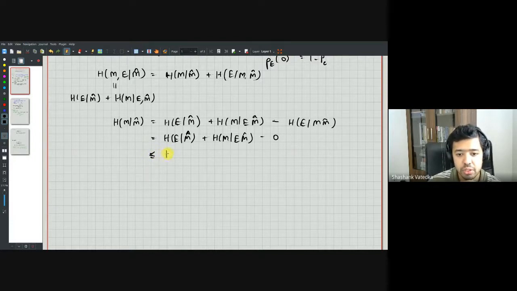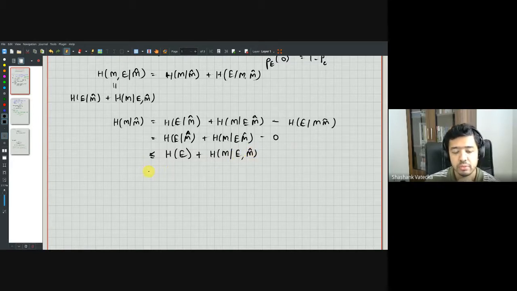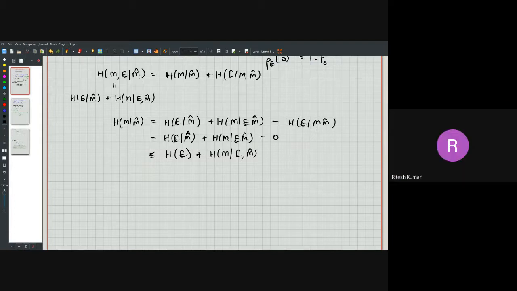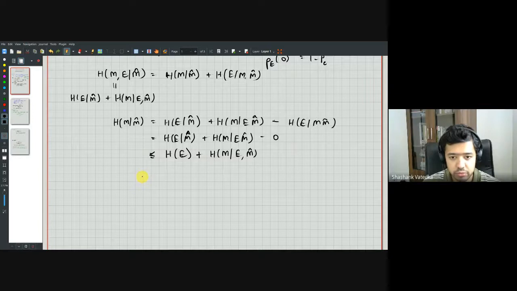So now I'm going to write this as less than or equal to h of E plus h of m given E comma m hat. Why is this true? Because, sir, conditioning on something reduces entropy. Correct. So conditioning can only reduce entropy.